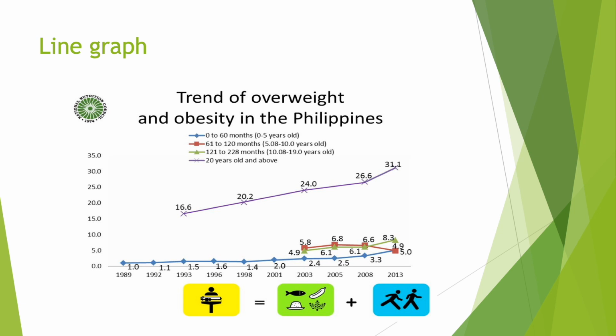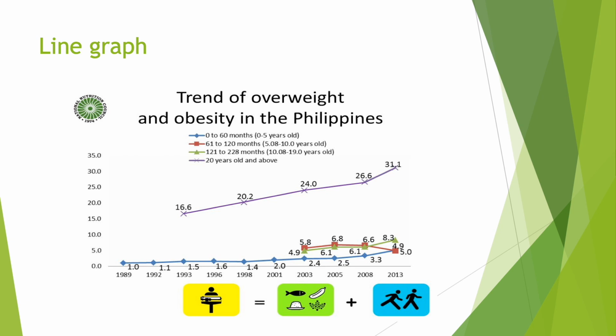This next one here is called a line graph. Basically, line graphs, which are sometimes called line charts, show trend data or changes in a particular variable with time or age. That being said, the x-axis is typically time, while the variable whose trend is being assessed or tracked is in the y-axis.